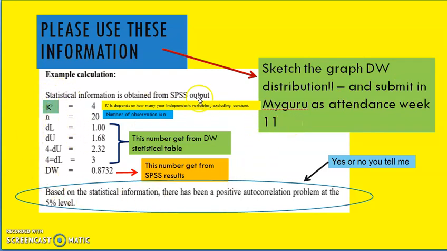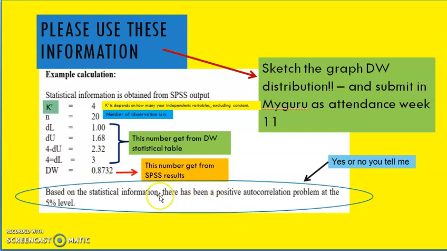I give you all the information here, where K prime depends on how many independent variables you have, excluding the constant. You are given K prime, meaning that you don't have to minus 1 anymore. N equal to 20, DL is 1, DU is 1.68, 4 minus DU is 2.32, 4 minus DL is 3, and DW is this value.